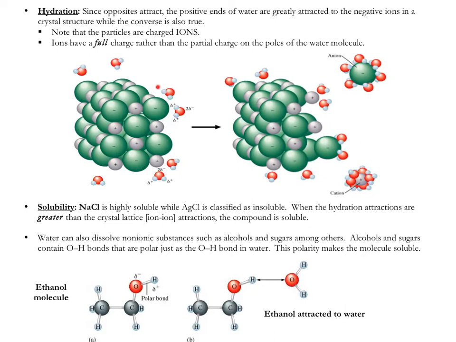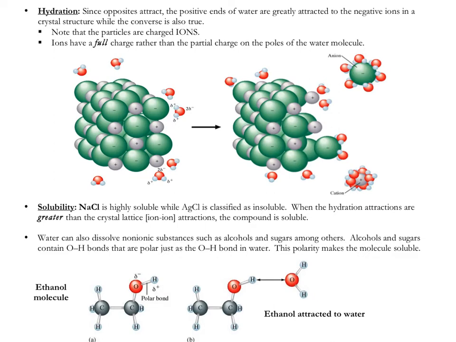When there's enough attraction here, what happens is the attraction between the water and the ion can overcome the attraction between these two ions. And we see that as we go over here to the right. We have a hydrated anion, we have a hydrated cation. There are a lot of attractions here.